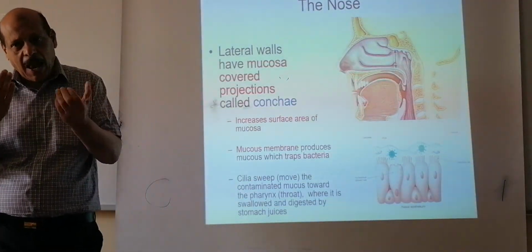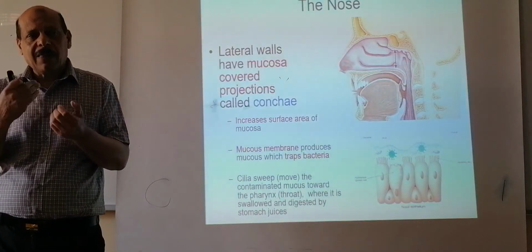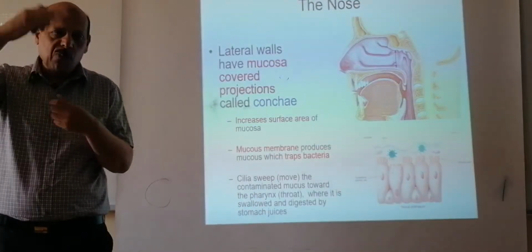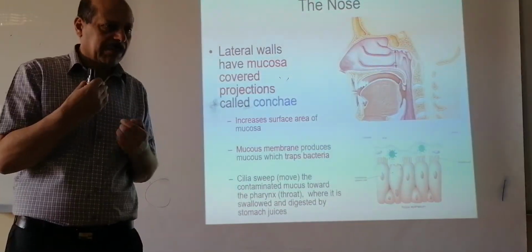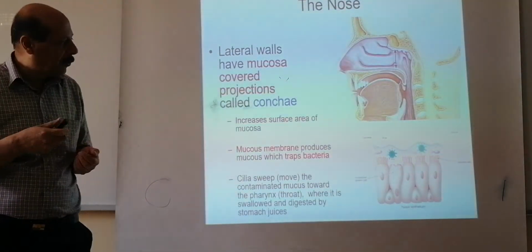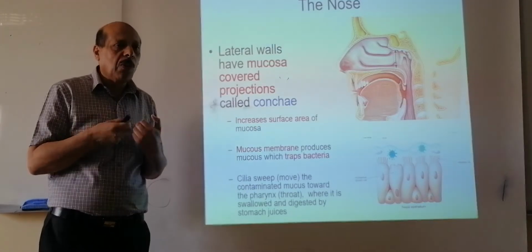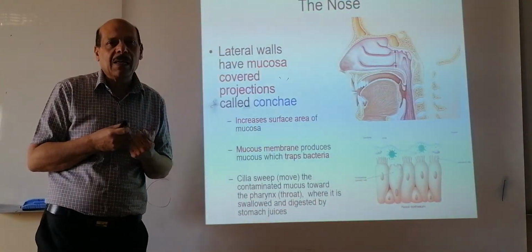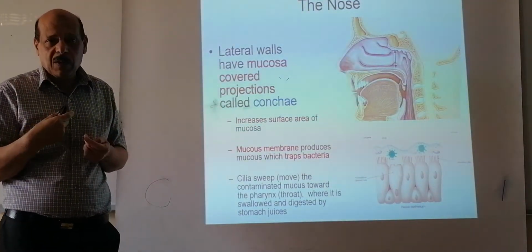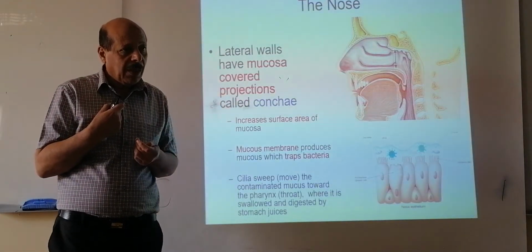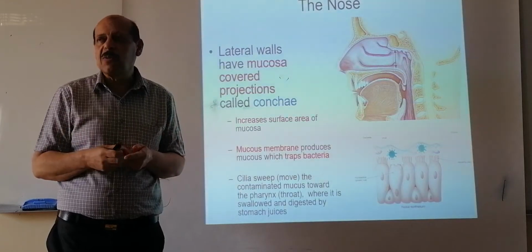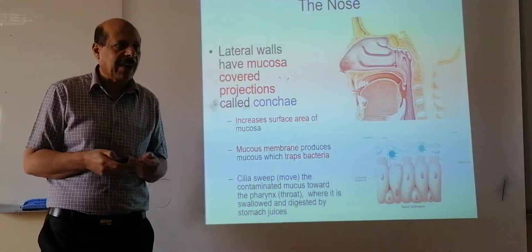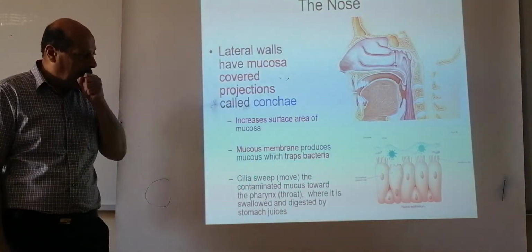So it will be trapped there, and then the cilia will move the mucus outside, and it might either be coughed out, or it will go with mucus secretion, or it might be swallowed and digested by the gastric juices, and the microorganisms will be killed by the gastric juice.